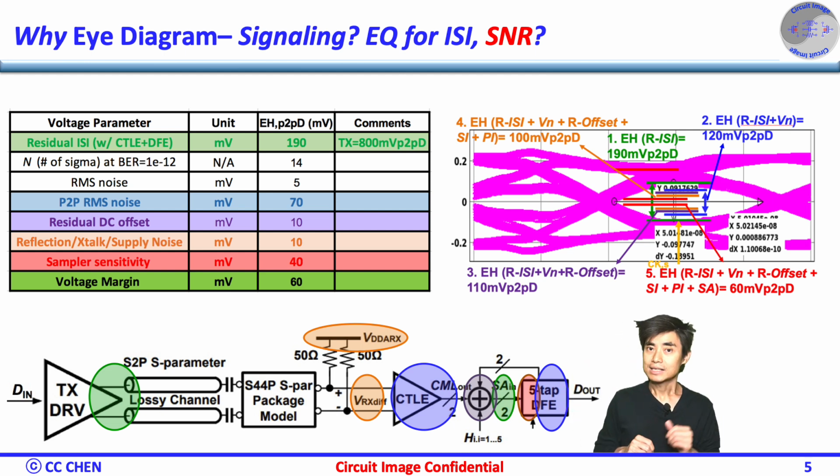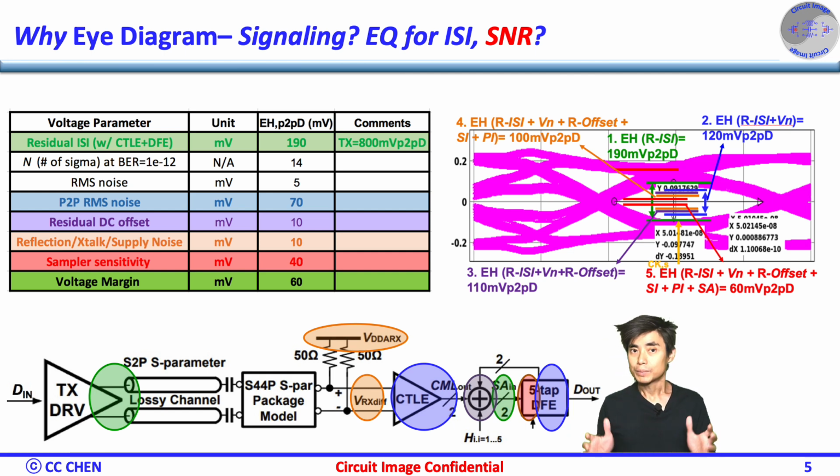Fourth, the SI and PI from the reflection, crosstalk, or supply noise would be another 10 mV peak-to-peak differential. Lastly, the sampler sensitivity could be 40 mV according to the required timing and the clock-to-Q delay at the target data rate of 8 gigabit per second of the design.